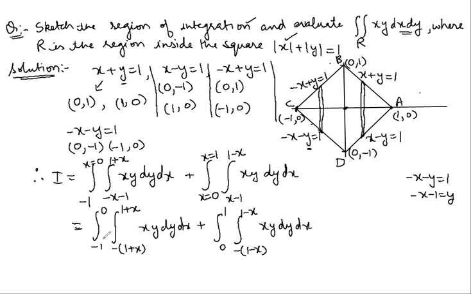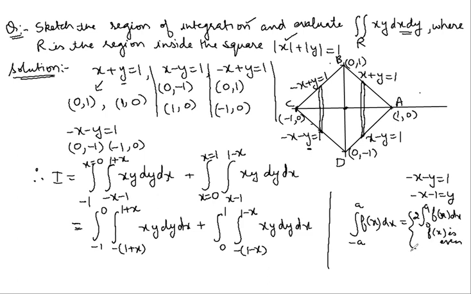So you can see that these are symmetric limits, and we know this result. The integral from -a to +a of f(x) dx is equal to twice the integral from 0 to a of f(x) dx if f(x) is even, and this is 0 for f(x) odd function.